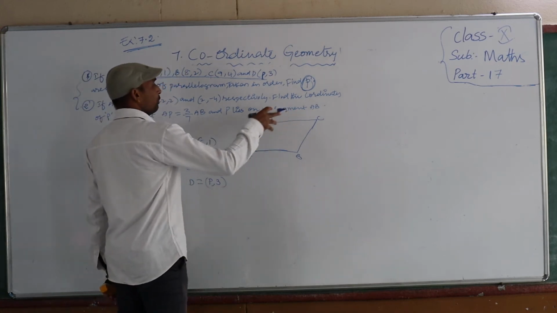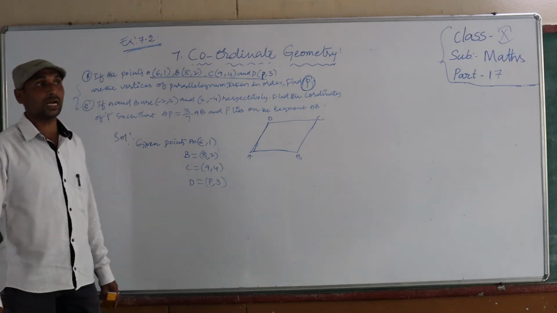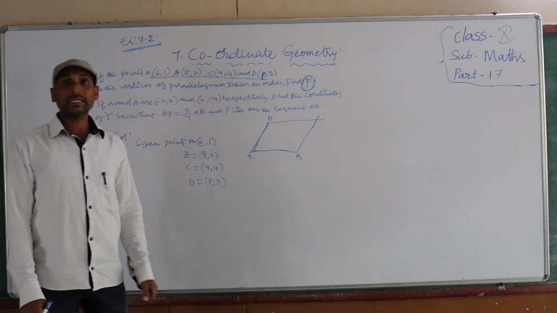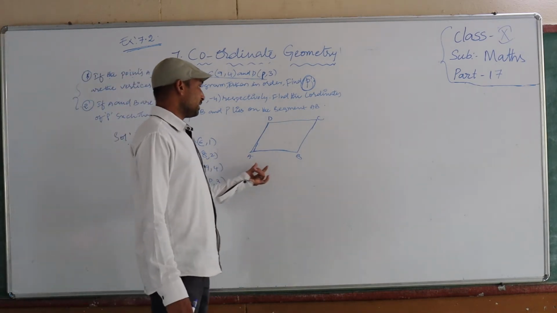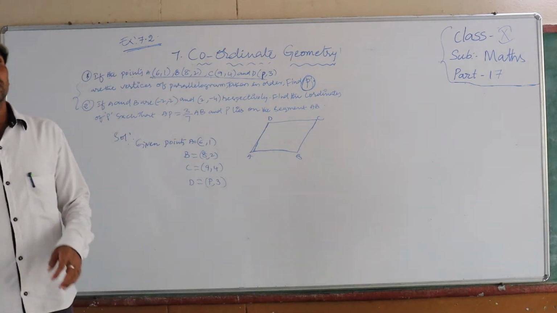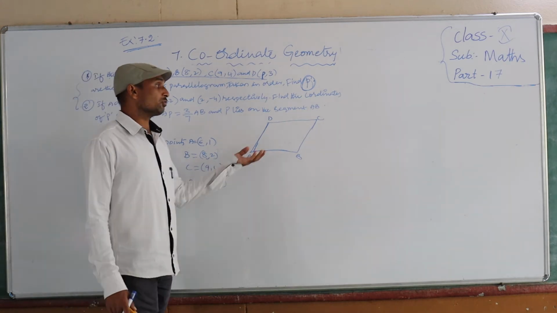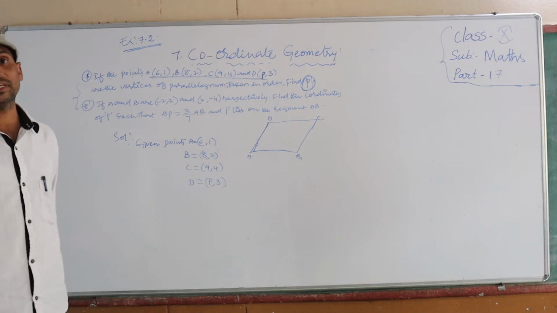Based on the parallelogram, what are the conditions of a parallelogram? Opposite sides are equal, diagonals are not equal. But if you take the distance formula, on both sides you have to square, and we will get something difficult.